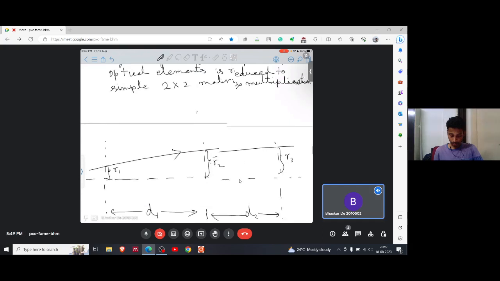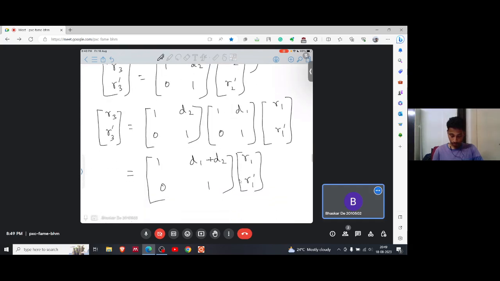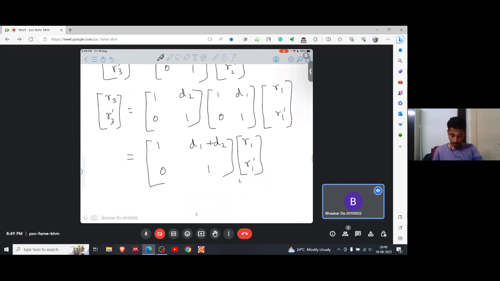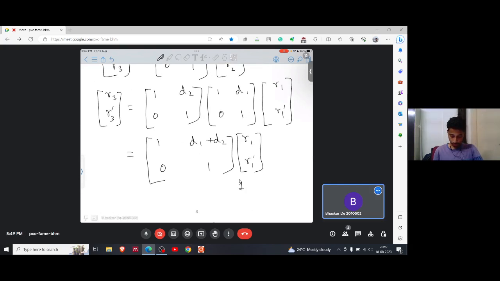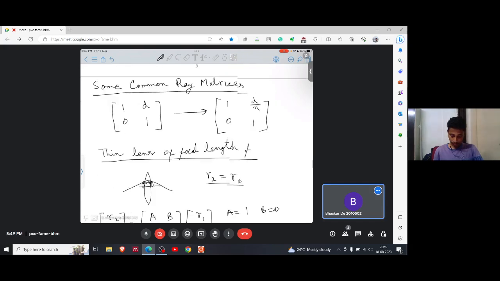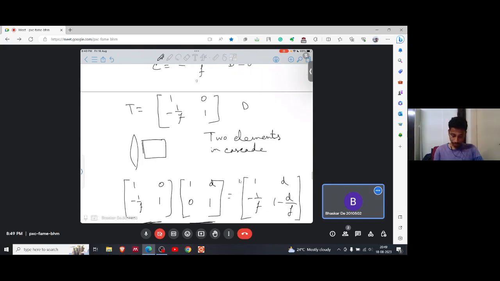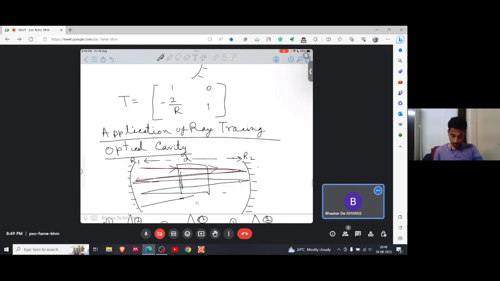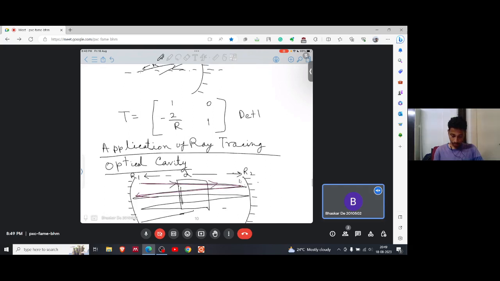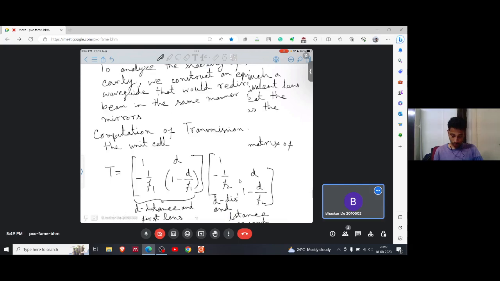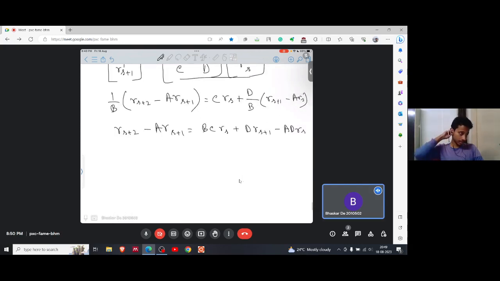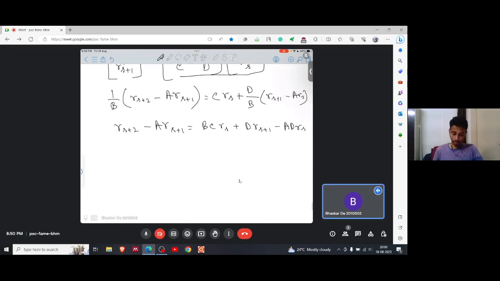Now if you calculate for this matrix, the determinant is again 1. Again for this matrix, the determinant is 1. So the property of these matrices is that they have unit determinant.